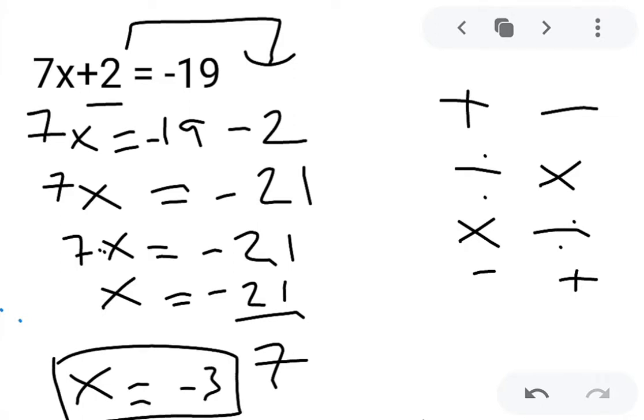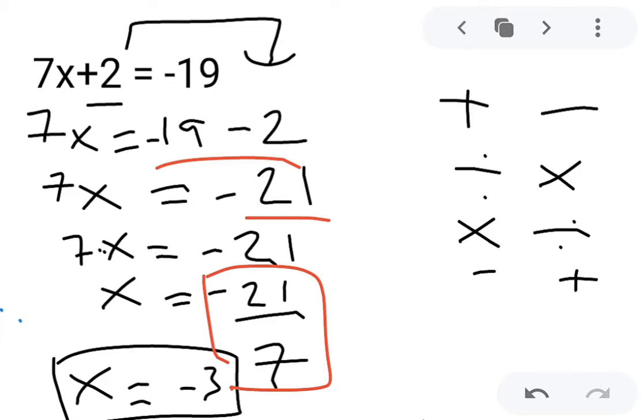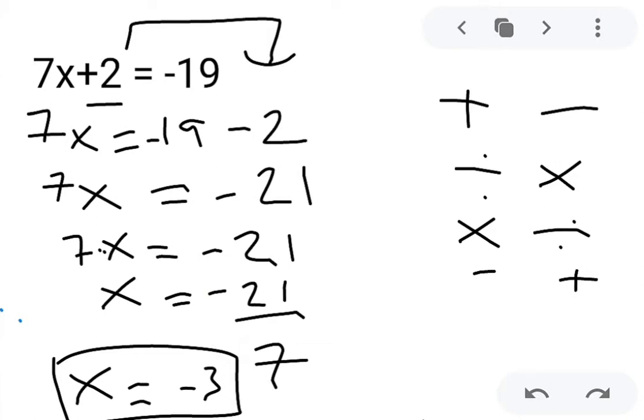Now if you are confused about how I got minus 21 over here, then you may see the other videos of mine which will explain the basics of addition and subtraction. Over here also the same thing, minus 21 upon 7. Here it is plus, here it is minus, so your overall answer becomes minus. Ultimately, your answer for x is minus 3.